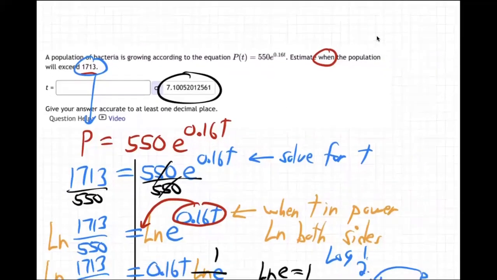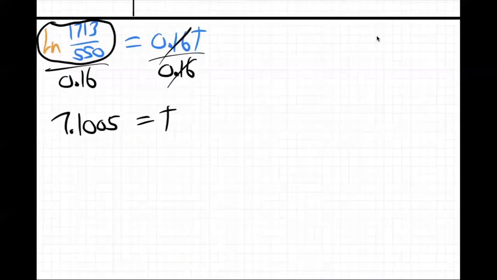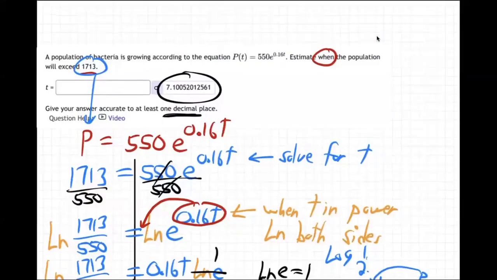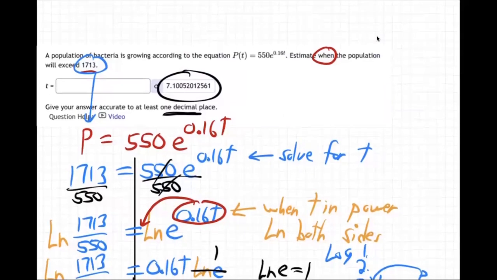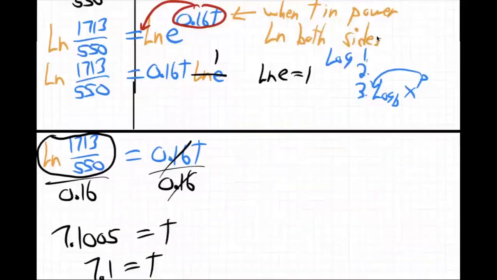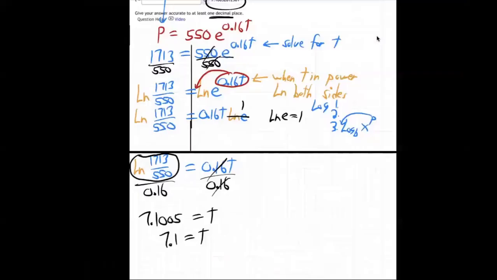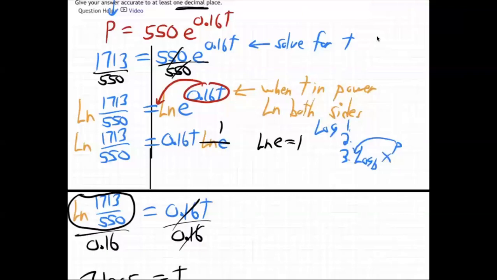One decimal, all right, so 7.1 is good enough. 7.1 what? I don't even know what the time units are here. Anyway, good enough. 7.1. That's what you should get in your calculator. And so there is how we do the problem.